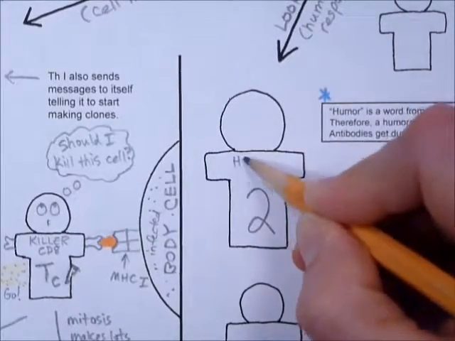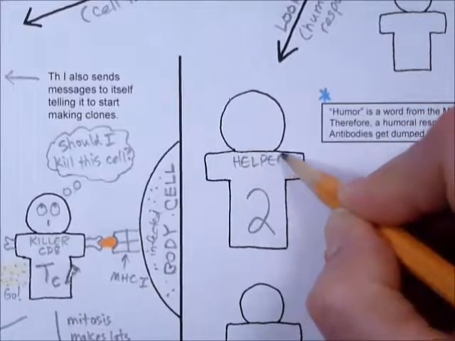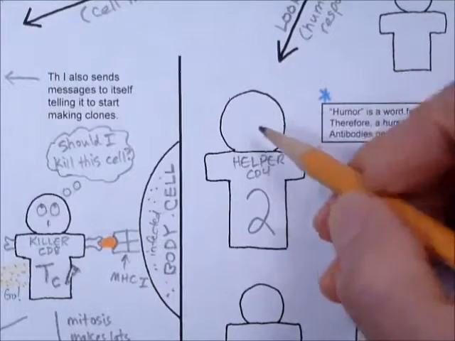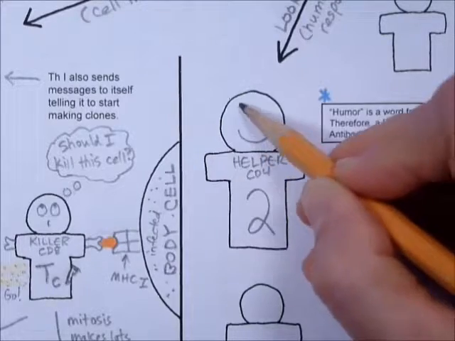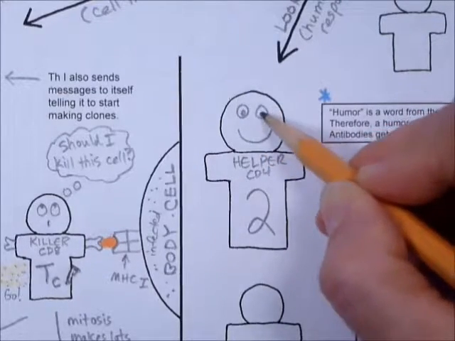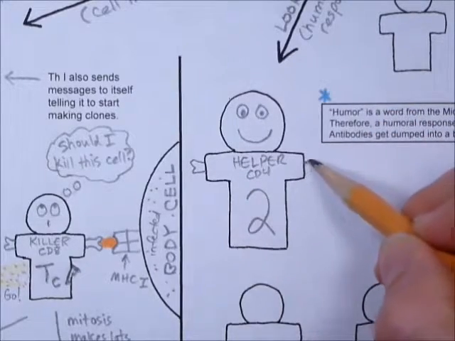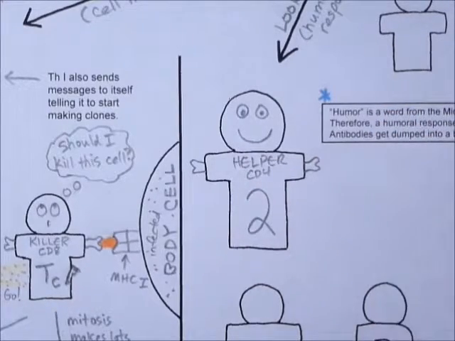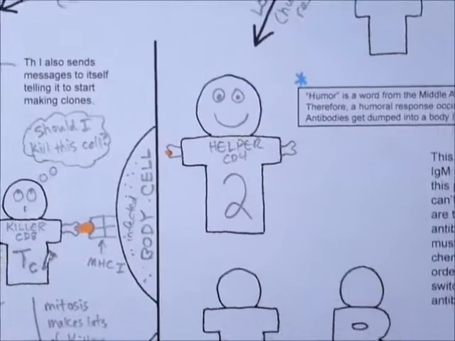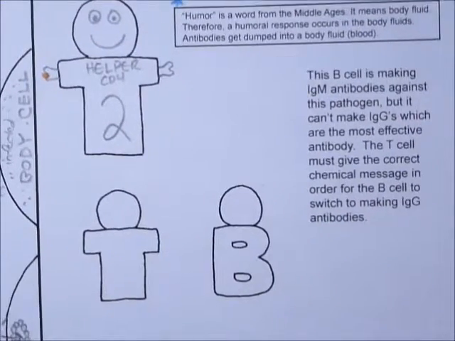And it's a helper, CD4, and now has a big smile because it knows what to do. It's not naive anymore. And what it is going to do is go talk to the B cells.